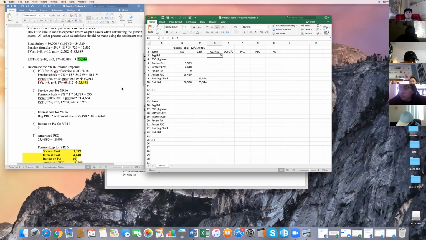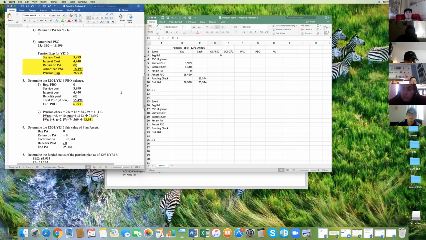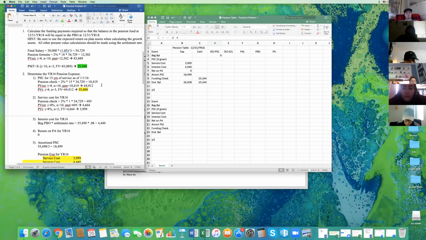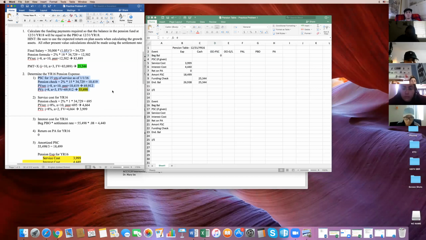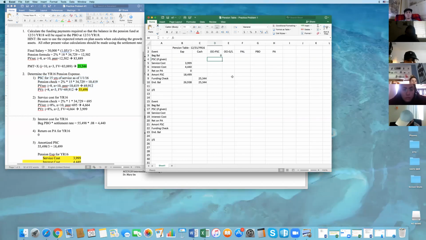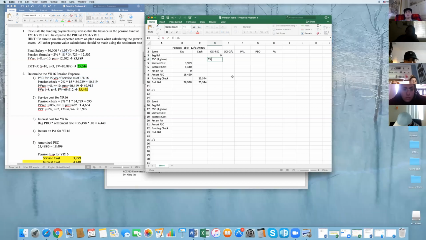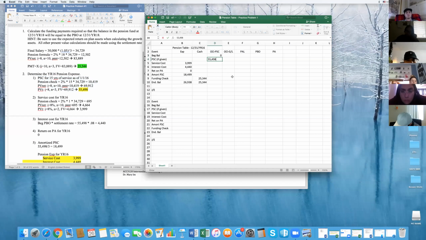But then the prior service cost, we calculated that in number 2 in the first step, and that was $55,498. So the prior service cost that's added at the beginning of this year is $55,498.